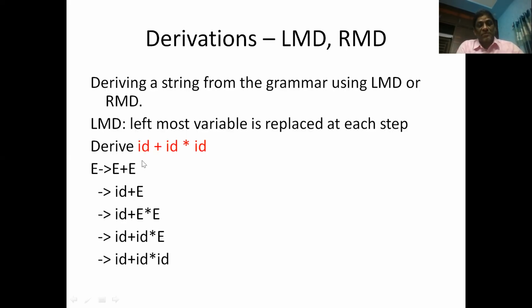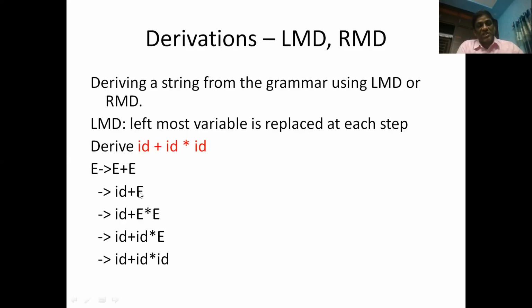So we'll consider, because the first operation is plus, we will start with E implies E plus E. And because there are two variables on our RHS, you will consider the leftmost variable, this one. In place of this, I will substitute ID, because E implies ID is a valid production, and then plus E is there. Now this contains only one variable, and that becomes the leftmost variable.